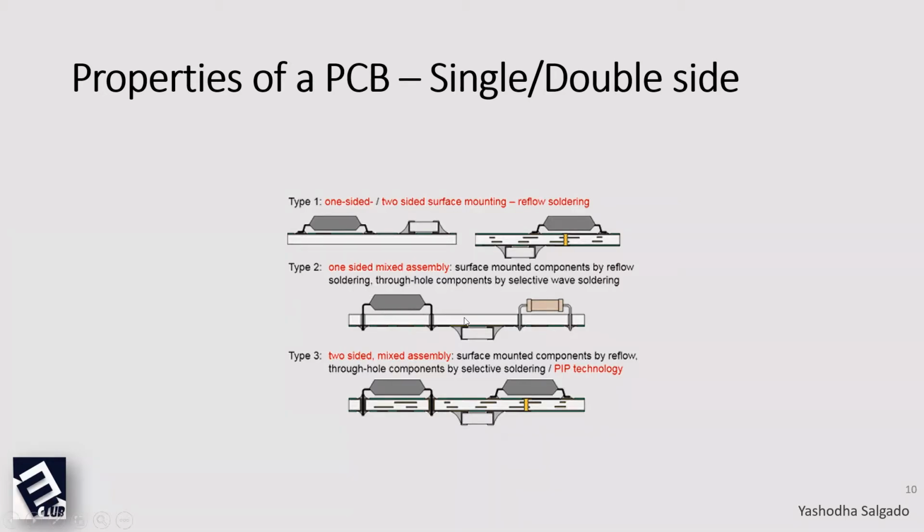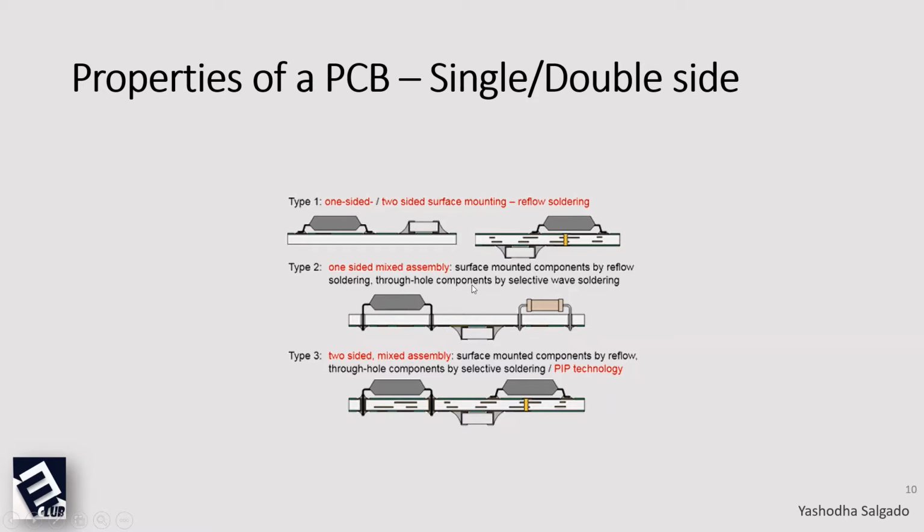In this PCB you can see THT components. There are two THT components on top of the PCB, and on the bottom side there is only one SMT component. Actually you can have many components. This is just an example. If we use both SMT and THT together, we call it mixed assembly.